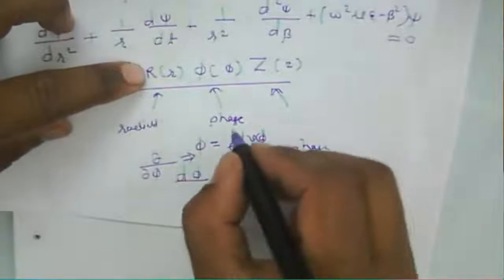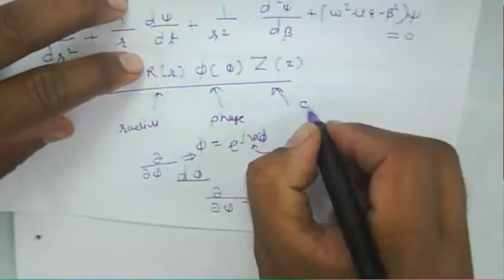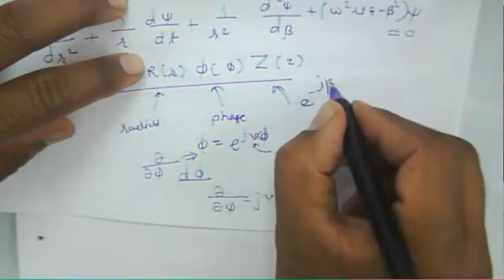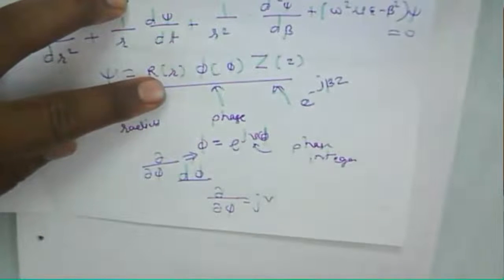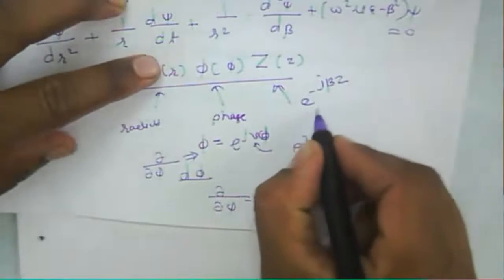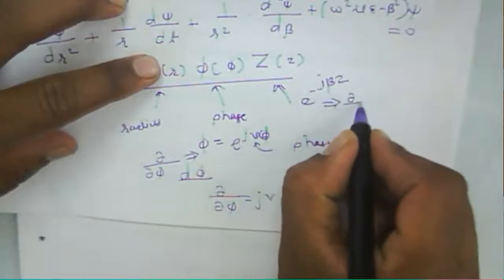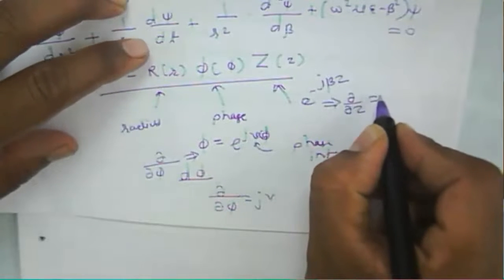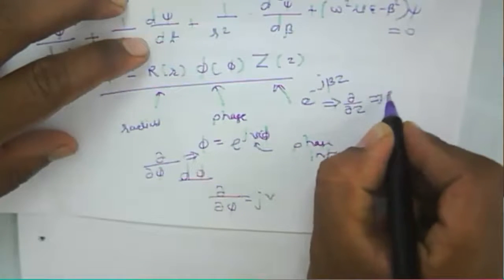And for this z, the wave is propagating in the z direction. That's why for this we say that dou by dou z is equal to minus j beta.